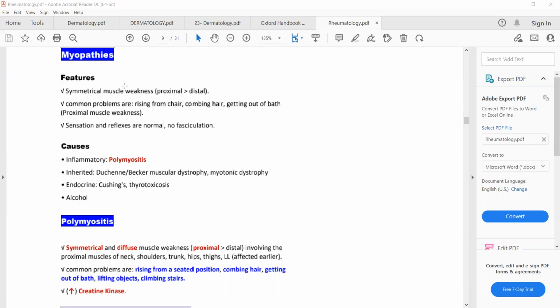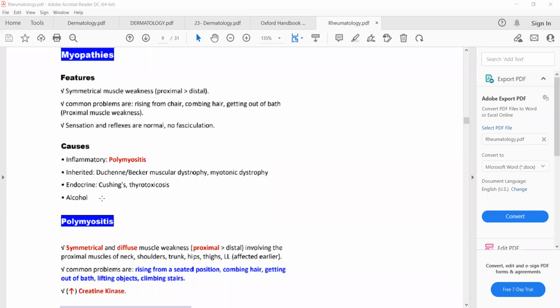Now, some causes of myopathies. Inflammatory causes include polymyositis. Inherited causes include Duchenne and Becker muscular dystrophy and myotonic dystrophy. Cushing syndrome, thyrotoxicosis and alcohol can also result in myopathies.